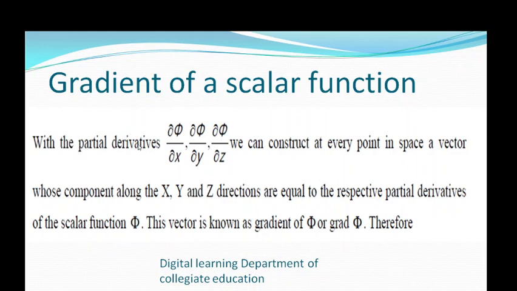Whereas with the partial derivatives dou phi by dou x, dou phi by dou y, dou phi by dou z, we can construct at each point in space a vector whose components along the x, y and z directions are equal to the respective partial derivatives of the scalar function. This vector is known as the gradient of phi or grad phi.